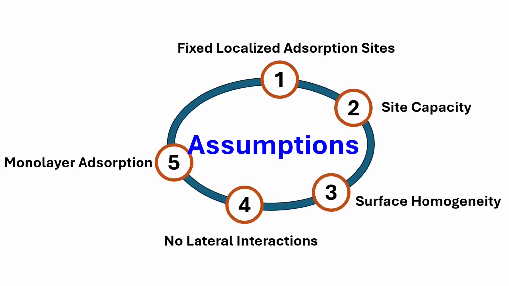Monolayer adsorption, that is, the adsorption process is limited to a single layer. That is, once all available sites are occupied, then no further adsorption can occur on top of them. Dynamic equilibrium. The process is also completely reversible via a dynamic equilibrium between adsorption and desorption processes.